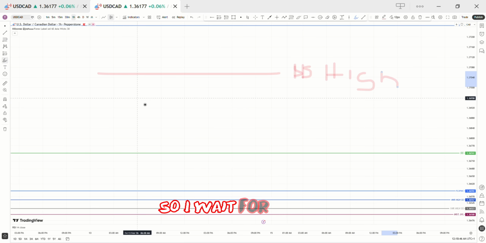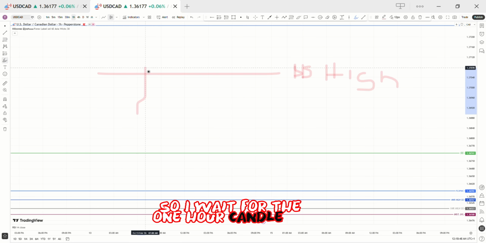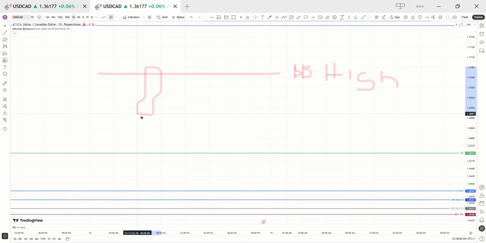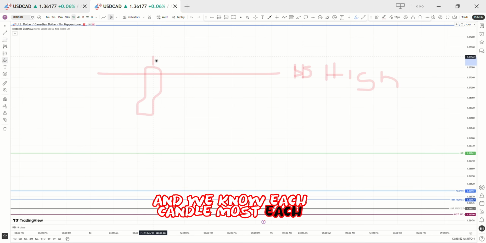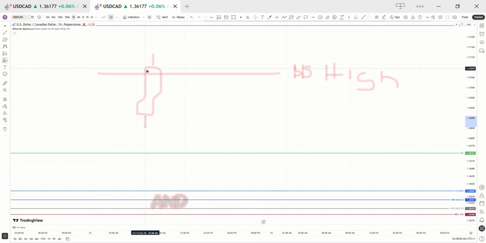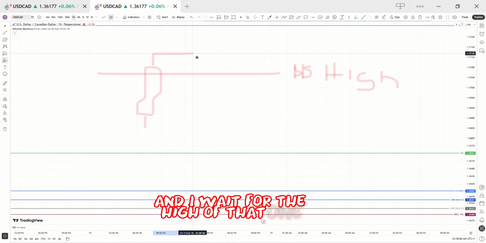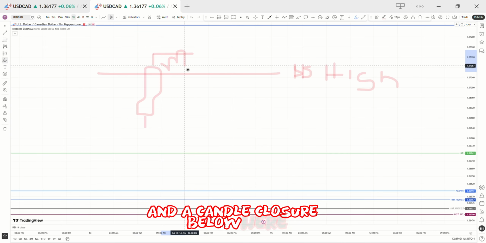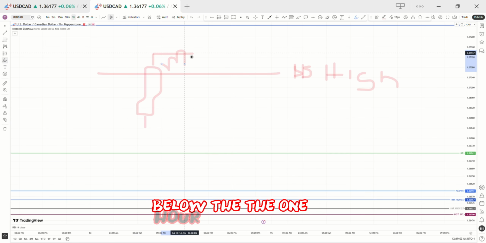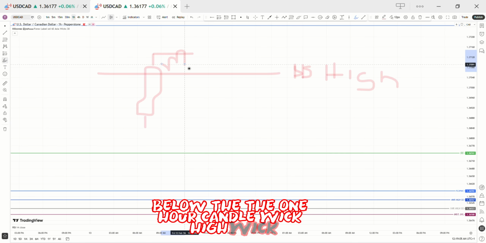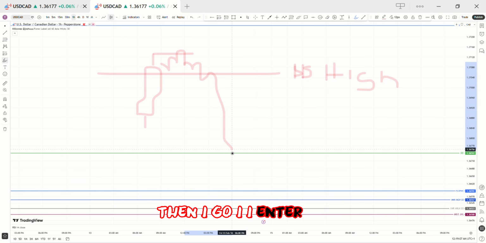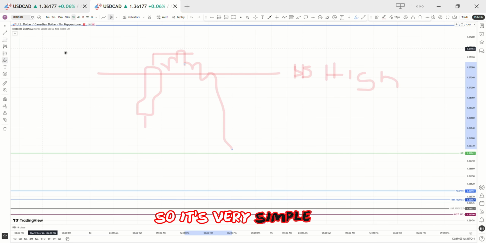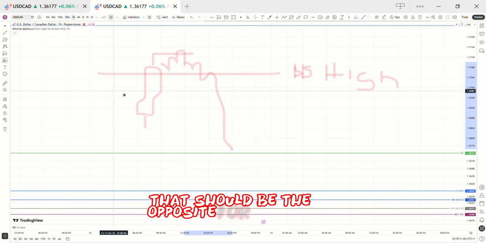So I wait for the 1 hour candle to sweep this high, and we know each candle always has a wick. I wait for the high of that 1 hour candle to get swept, and the candle closure below the 1 hour candle high wick, then I enter for short. So it's very simple. That should be the opposite for low.